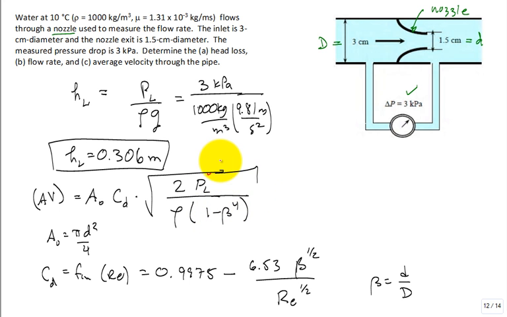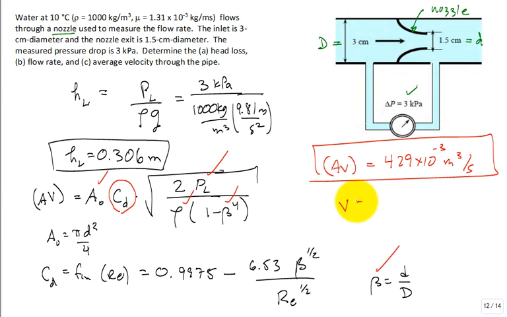So we know the pressure loss, the density, we know the beta is the ratio of the diameters, we know the area, this discharge coefficient, so what you have to do is guess it, then iterate, try 500,000 or something, 10 to the 5, 10 to the 4 for that Reynolds number. Get an estimate of the volumetric flow rate, then update and iterate. When you do that, you find that the volumetric flow rate comes in at 429 times 10 to the minus 3 meters cubed per second.